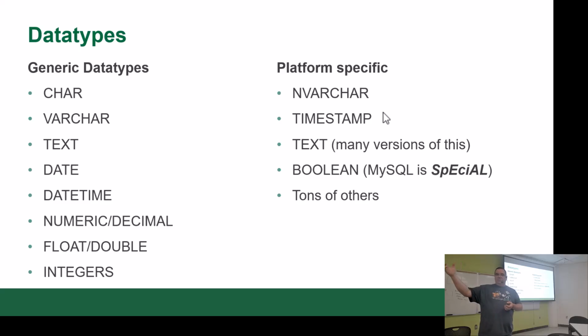Back in the day, way back in the dark ages, before my time, char was the default data type for characters. Varchar didn't exist. If you define something as a char 10, it means it will always occupy 10 bytes. You put in the letter A, it still occupies 10 bytes.